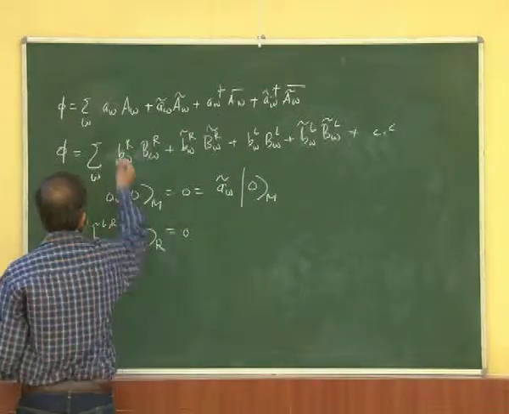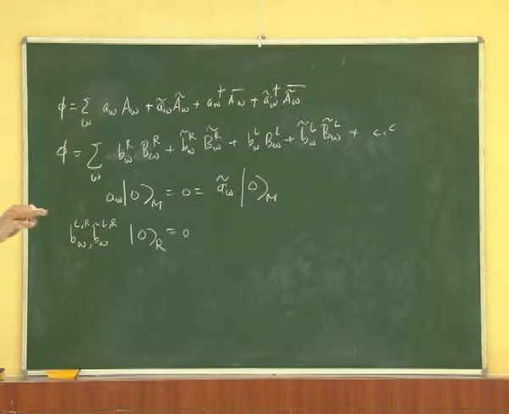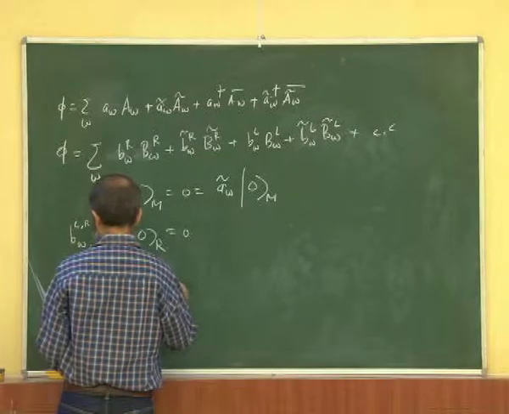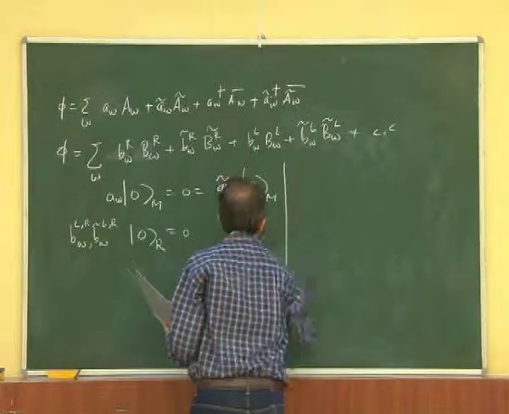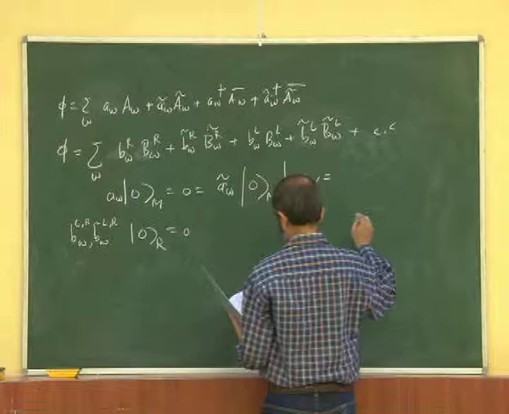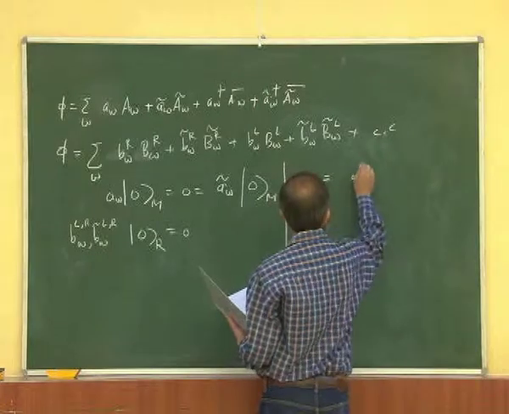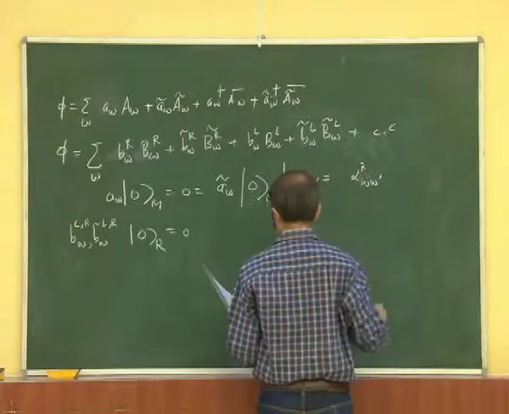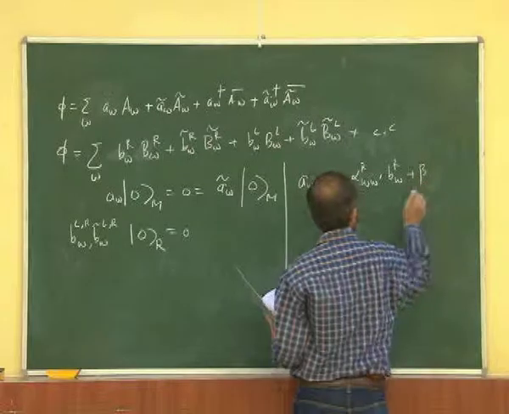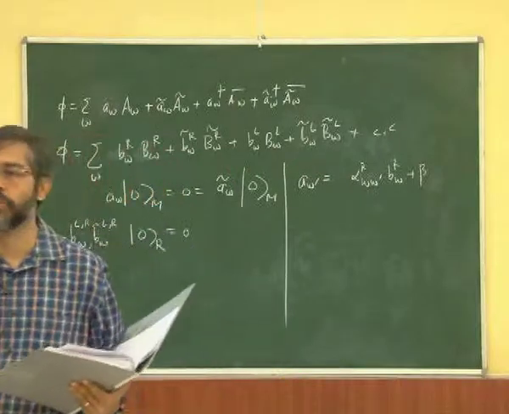Clearly you can compare these two mode expansions on any given time slice in space-time, and you will obtain the following thing, that A is a linear combination of B. So let me tell you forthwith that there will be these beta Bogoliubov coefficients here.